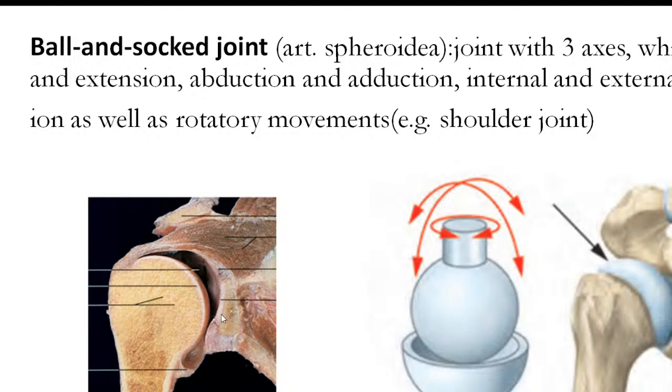It has labrum. What do you see on this labrum? It has lips. This is the synovial cavity. This is a ball and socket joint.